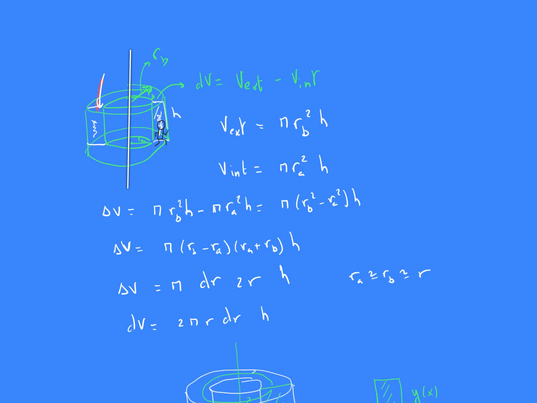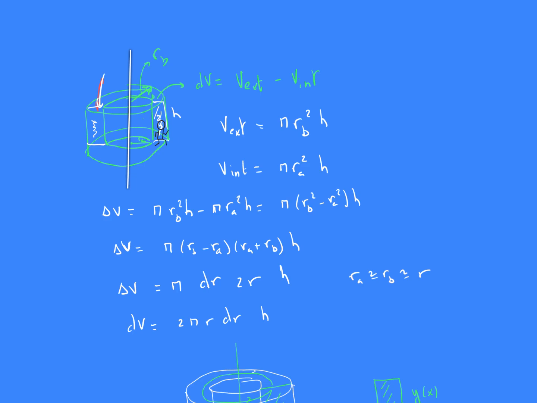Now, because the two radii are very similar, RB minus RA will be a small radius, dr, the small radius. RA plus RB will be, because they are very similar, similar to the radius r, so it would be 2r.